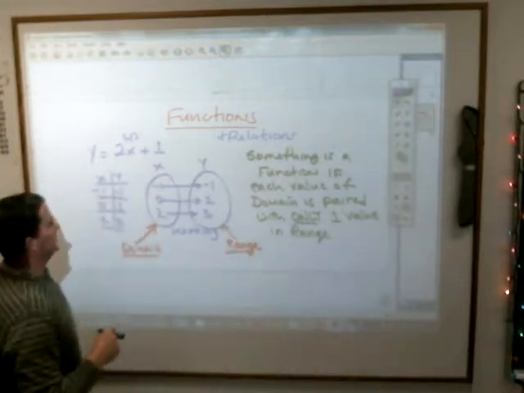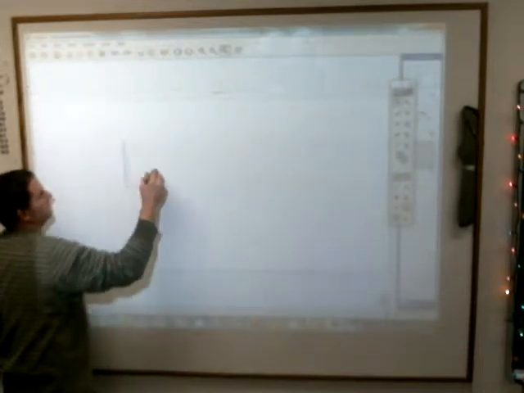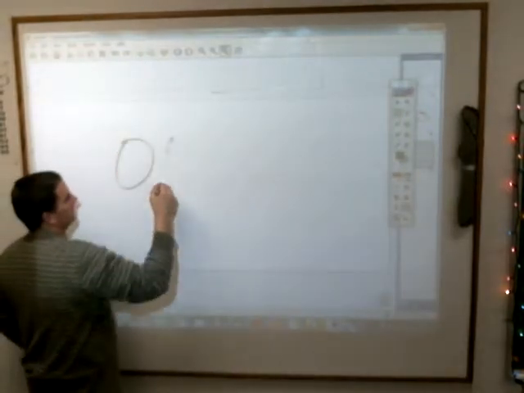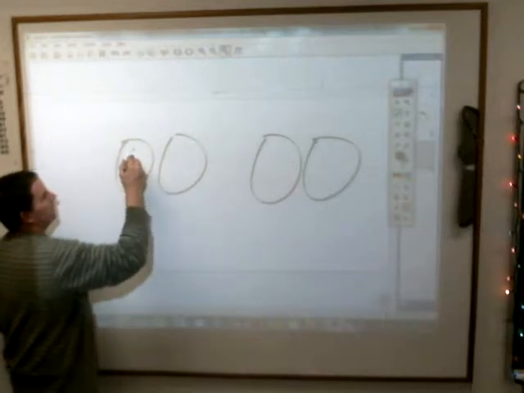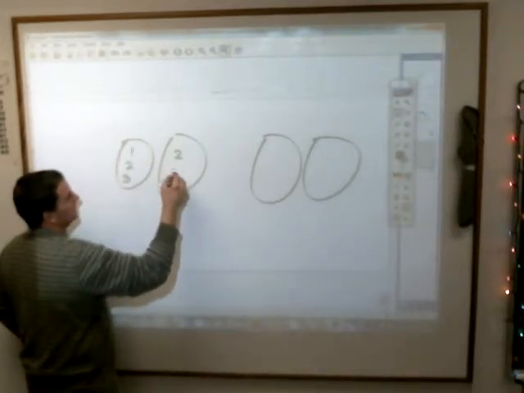And I suppose I should do it on a different sheet, let me get a new sheet here. Here's the deal. Let me look at the 2 different cases that you could come up with. Let's say you've got this, and you've got this. 1, 2, 3, 2, and 3.